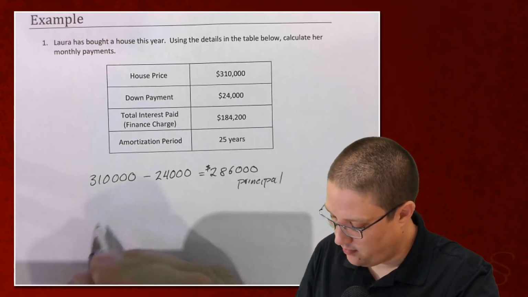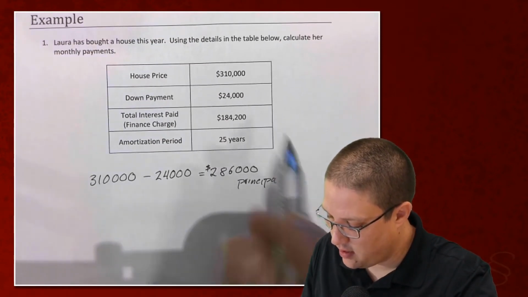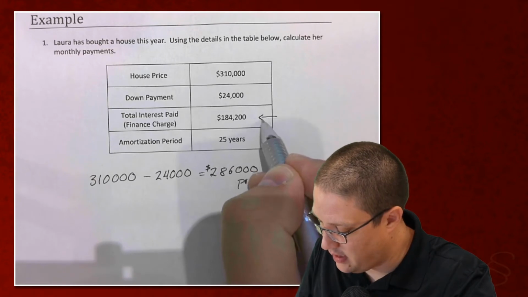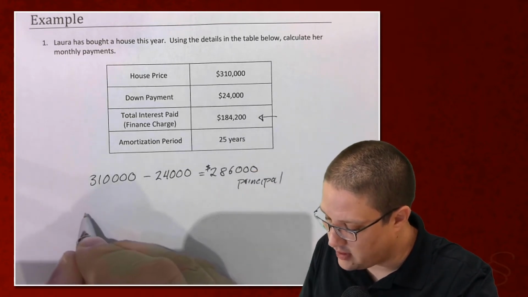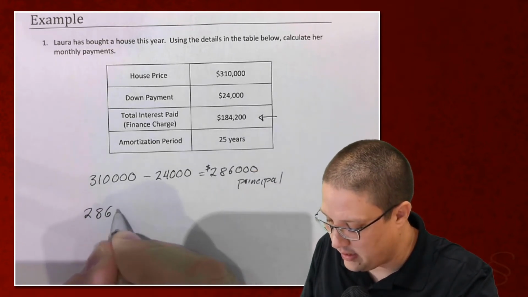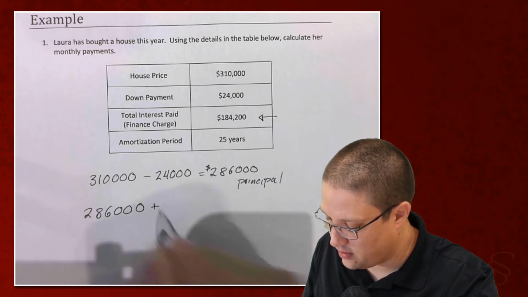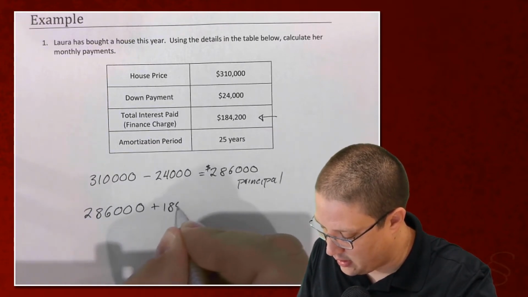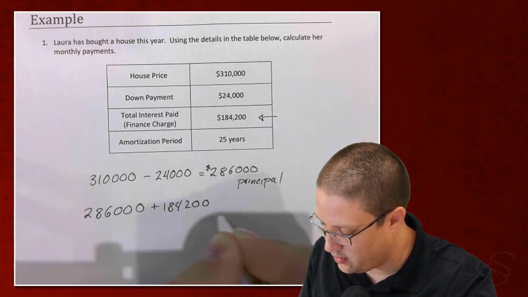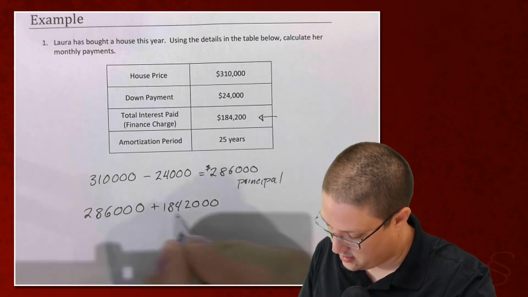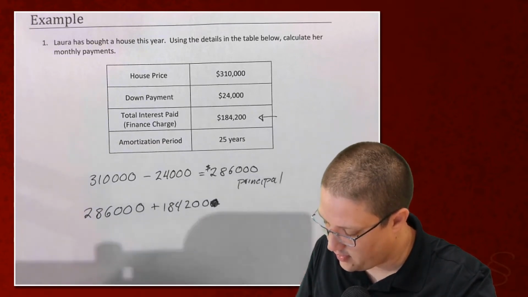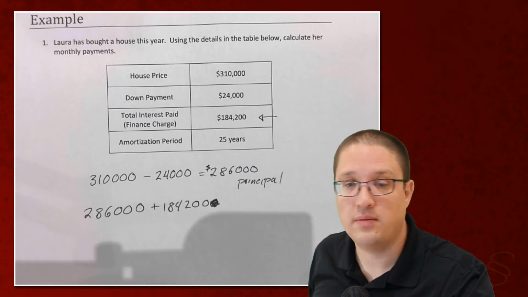Here's my principal, $286,000. I have the total interest paid here. If I add those together, $286,000 plus $184,200. Oopsies, there's a zero there. $184,200.